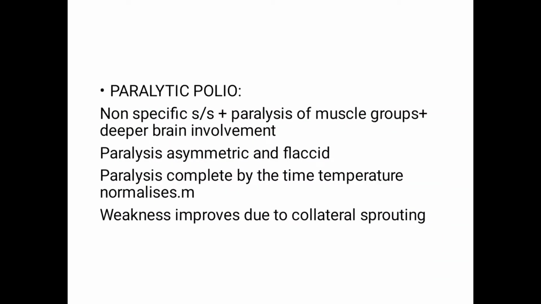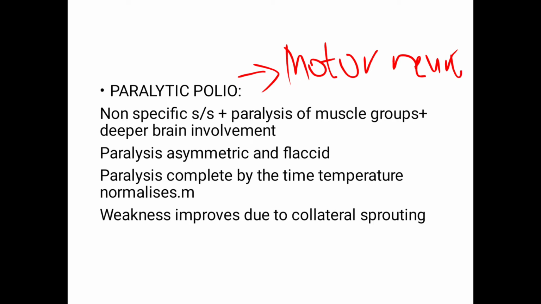So the paralytic poliomyelitis happens when there is an invasion of the motor neurons. The motor neurons are supplying a particular group of muscles, and when those neurons are damaged, you'll expect a paralysis of those muscle groups.